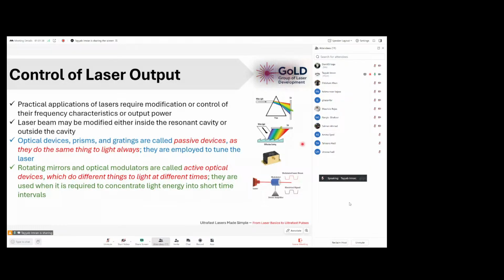And there are some devices which we call active optical devices. As I mentioned, these are electro-optic devices. They have a certain arrangement, and when the light passes through, it modulates it.